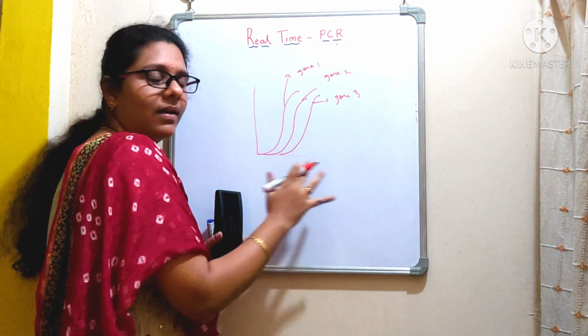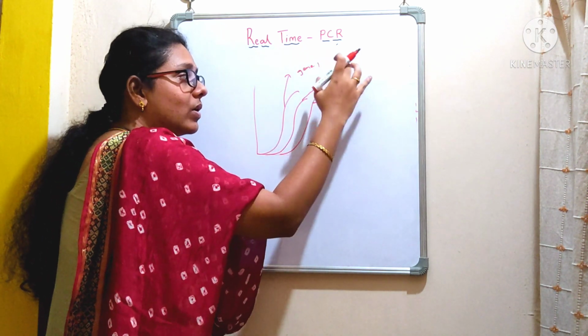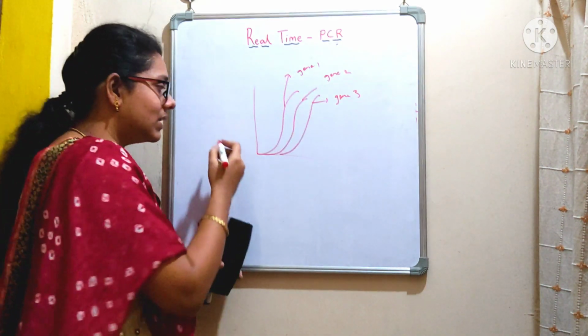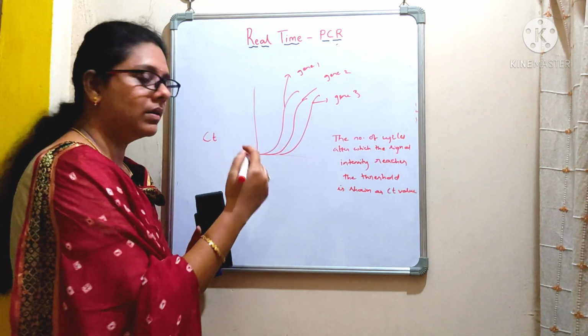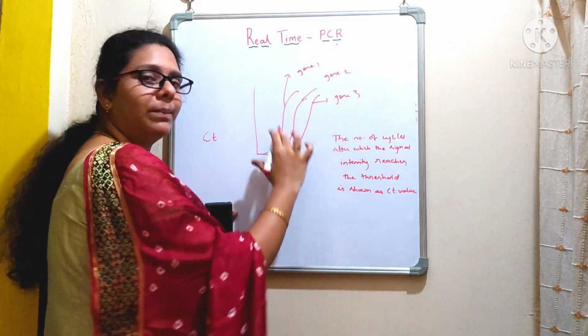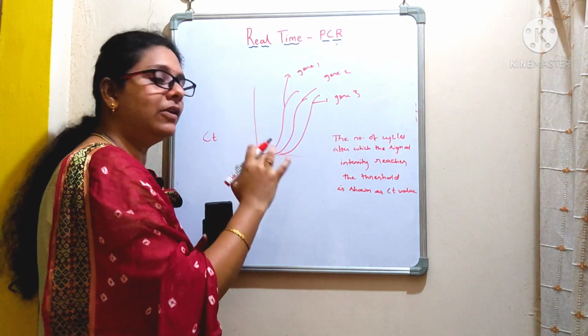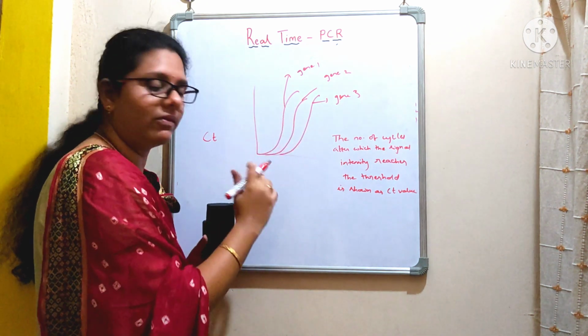In this way, the gene expression studies can be carried out where you are going to involve multiple genes here. You are going to check the CT values, that is the cycle threshold values. Here we are going to compare different genes as a part of gene expression studies, and we are going to check for the CT value, that is cycle threshold value.